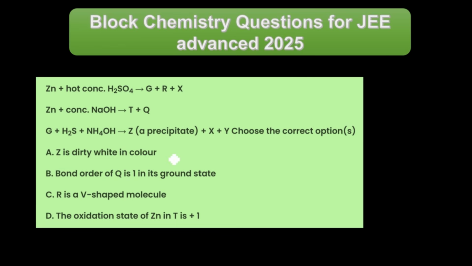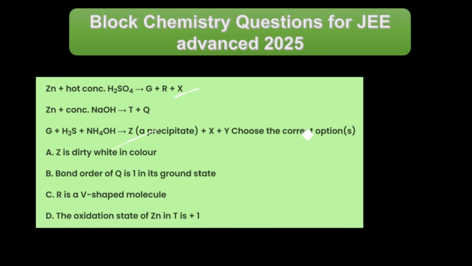Okay, the next question: zinc with hot concentrated H2SO4 produces G plus R plus X, and with concentrated NaOH it gives T plus Q. G plus H2S and ammonium hydroxide produces Z plus X plus Y. Choose the correct options.